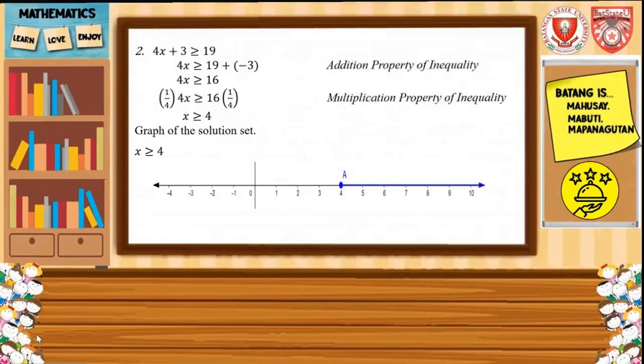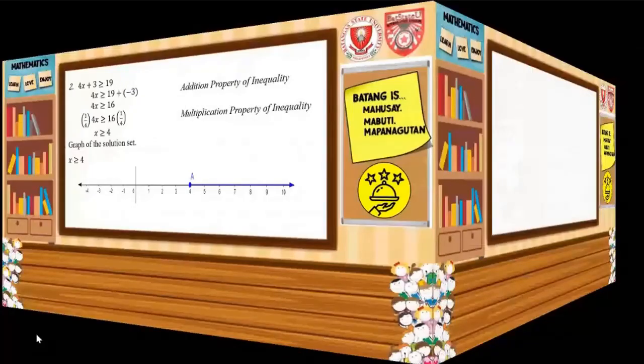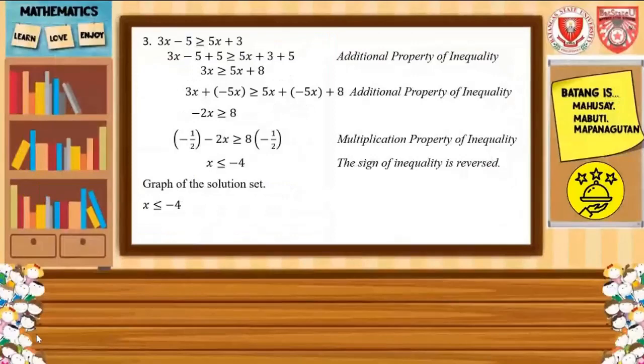Next, example number 3: we have 3x minus 5 is greater than or equal to 5x plus 3. We use the addition property of inequality and the multiplication property of inequality. So 3x minus 5 plus 5 is greater than or equal to 5x plus 3 plus 5. So 3x is greater than or equal to 5x plus 8.